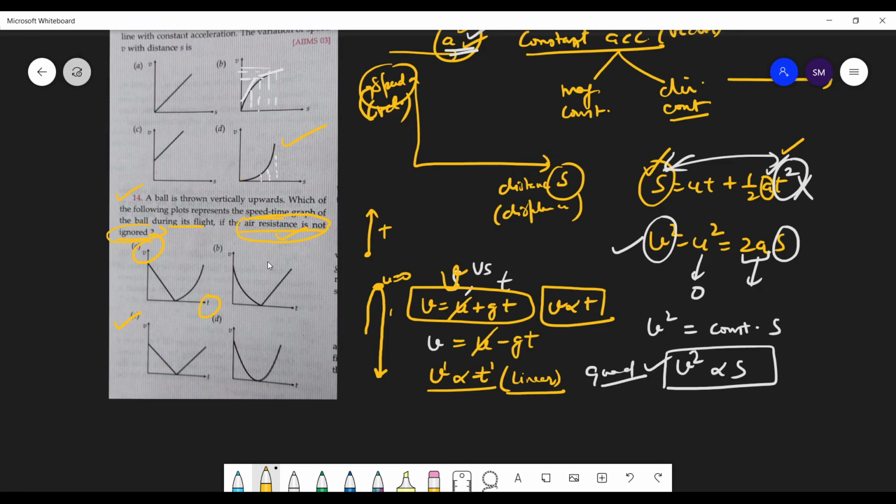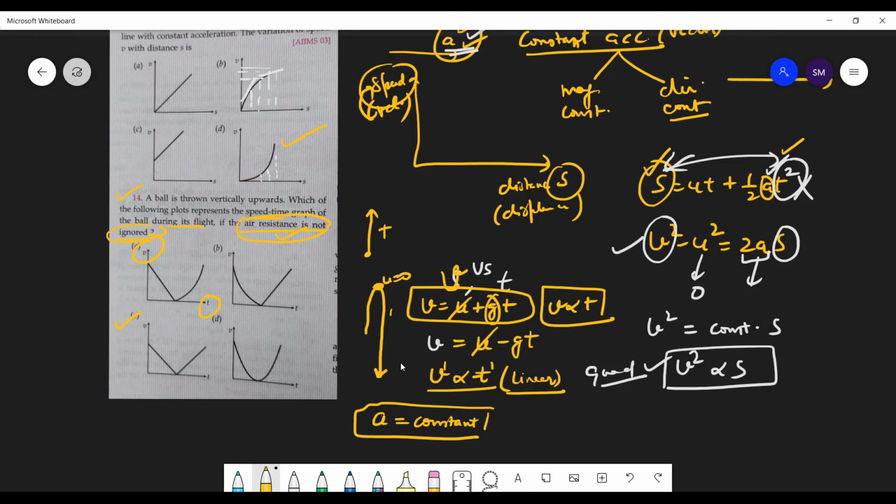Because sir, with more speed, more resistance will be given. So beta, you tell me one thing, will the acceleration be constant or not? That's my question. Constant. No, sir. There is air resistance.